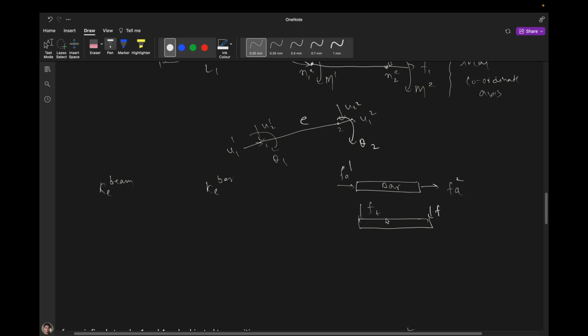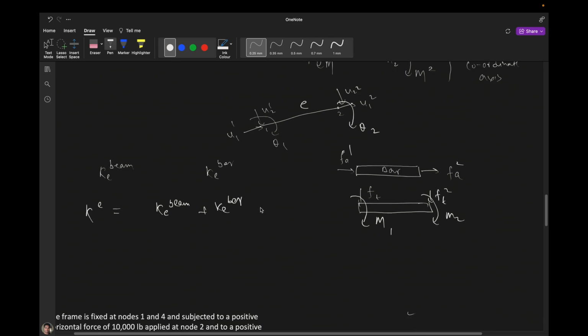Forces and moments are acting, so we need to create a beam stiffness matrix and a bar stiffness matrix, and then we will create the elemental stiffness matrix by adding beam plus bar.